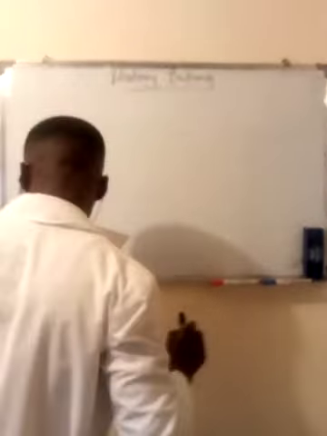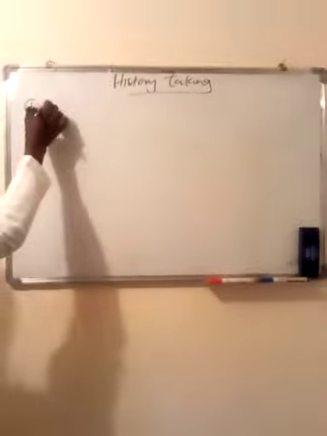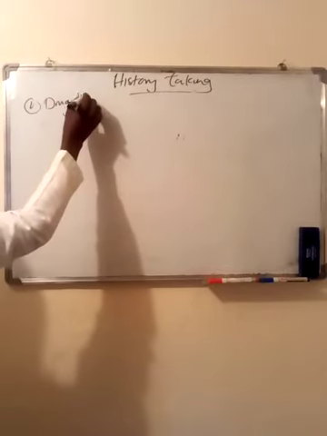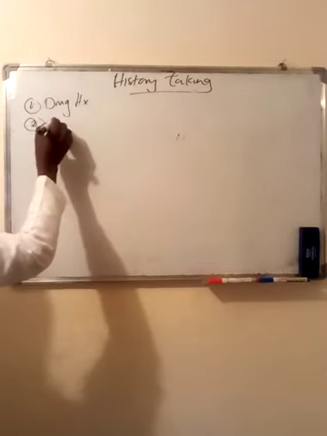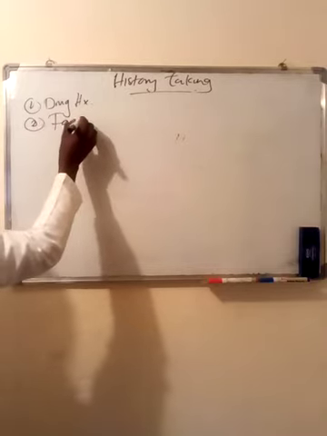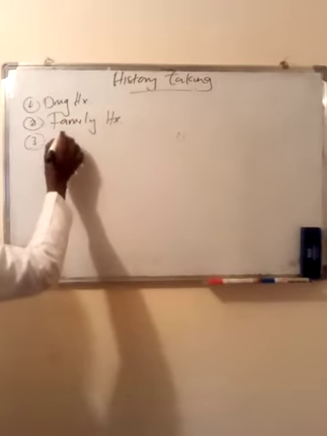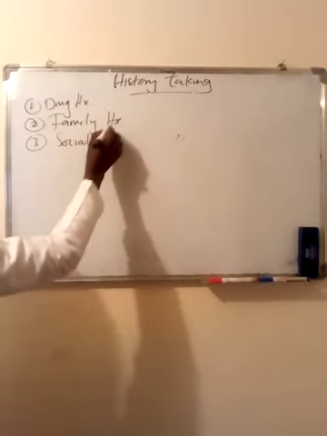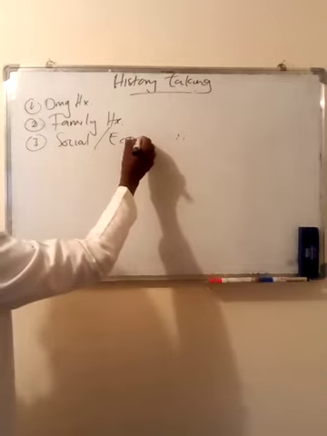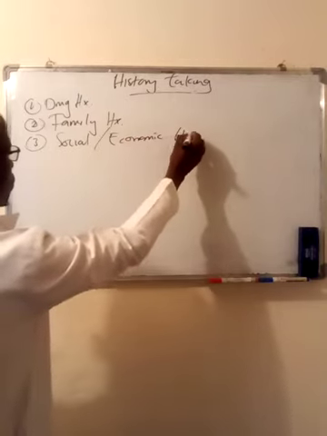Okay. So in today's lesson, we're going to look at one, drug history. Then two, we're going to look at family history. Then number three, we'll look at social and economic history.